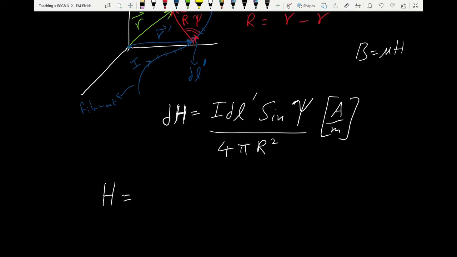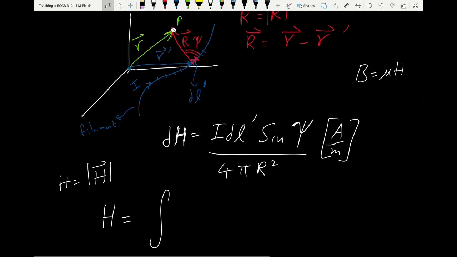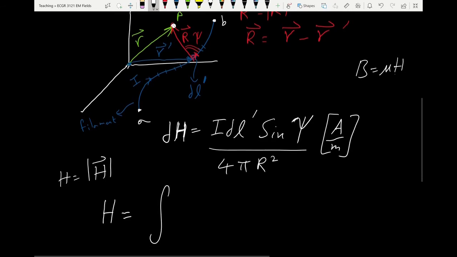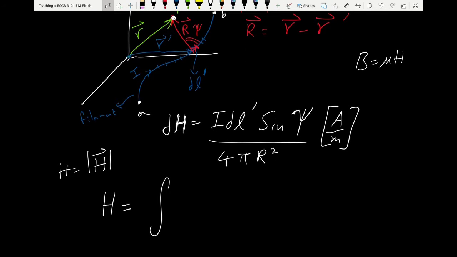Let me start with the magnitude. The magnitude of the total field at that point is going to be the integral. So I'm going from point A to point B, let's assume, and then there's no current beyond those 2 points. Typically that won't happen. Typically you would either have an extended wire that goes to infinity on both sides, or a wire that goes in a loop.